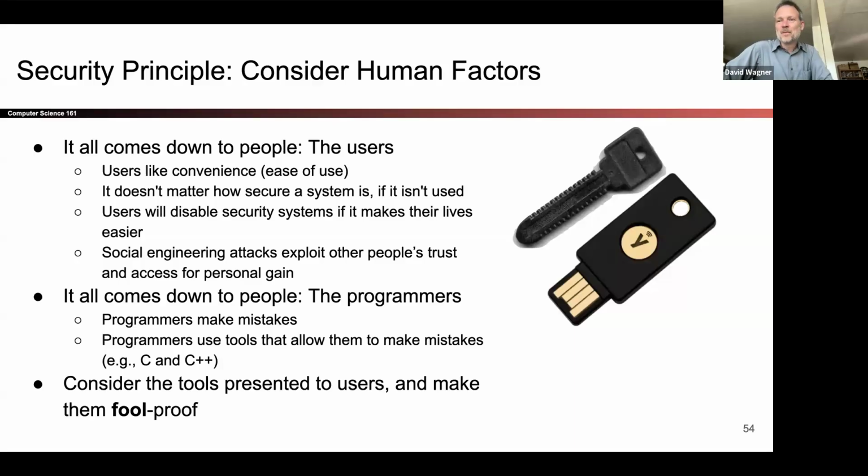So we need to take into account how people are going to use these systems in practice and design around that. And also, we've got to take into account how people get fooled or scammed or tricked. Social engineering attacks are a major risk, where bad guys try to gain the confidence of the victim or try to deceive the victim, exploit their trust or their naivety, and use that to fool them into doing unsafe things.